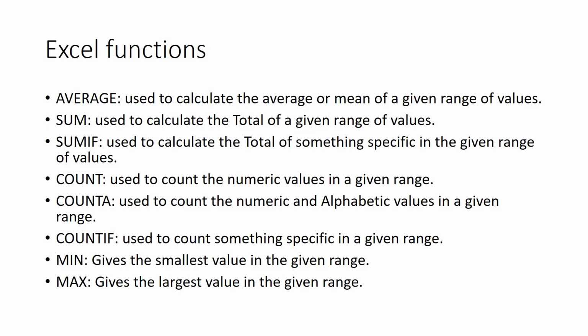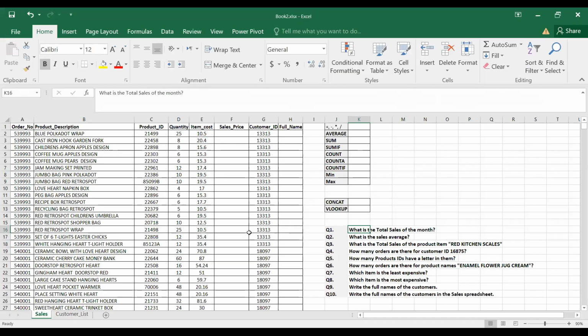Okay, so let's start. So here we have an Excel file with some dummy data that I downloaded from internet. So these are the order numbers, and these are the product descriptions for these orders.